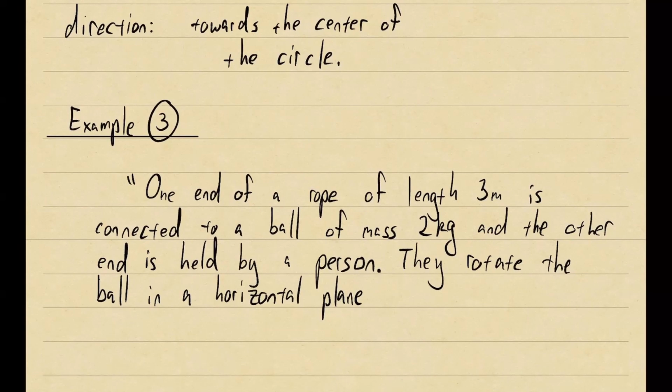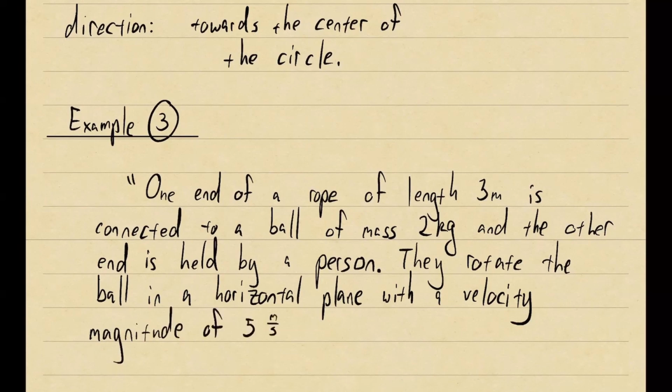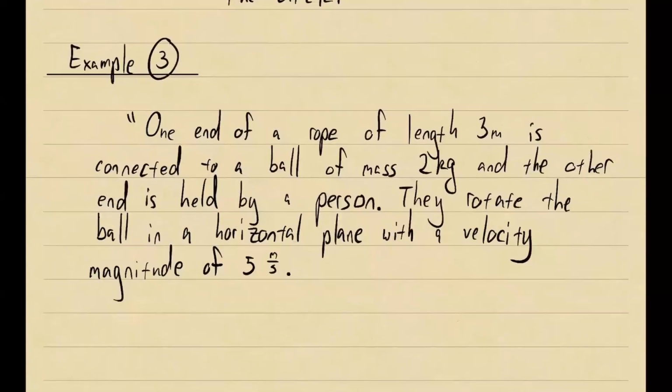They rotate the ball in a horizontal plane with a velocity magnitude of 5 meters per second. So the problem wants us to find the tension in the rope.